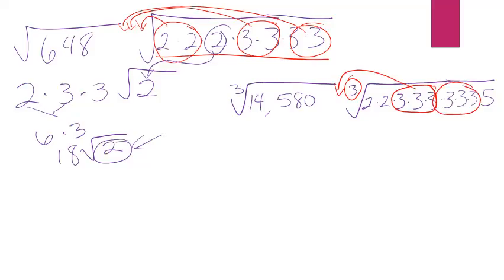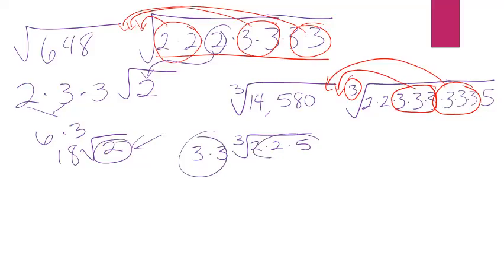Here's a group of 3 that can come out. So we have here a 3 and a 3. And we have 2 2's left over and a 5 left over. So we just multiply everything on the outside and everything on the inside.